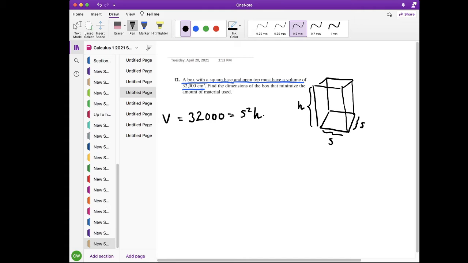So if you don't know the formula, at least say maybe what you would want, and we can figure out the formula. So like what constitutes material?